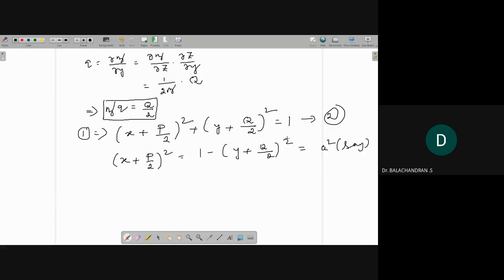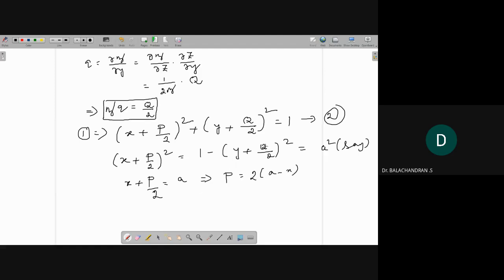Because you have square, that's why I'll take a square. So if we equate the first and last, x plus capital P by 2 whole square equal to a square means x plus P by 2 equal to a. So capital P by 2 equal to a minus x, so capital P equal to 2 into (a minus x).